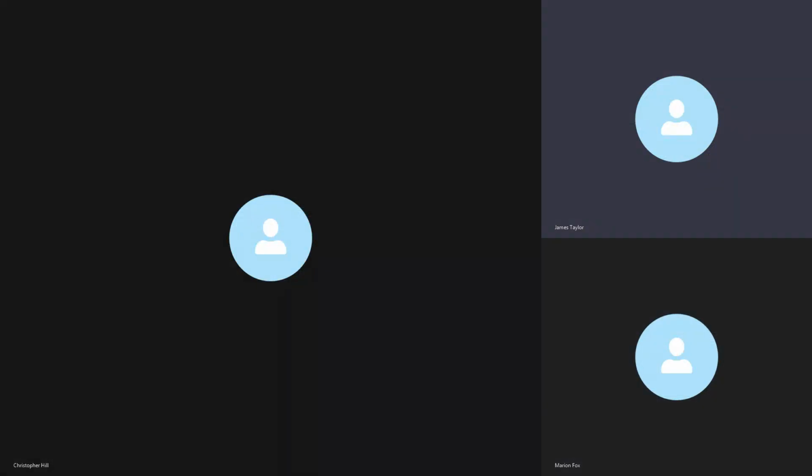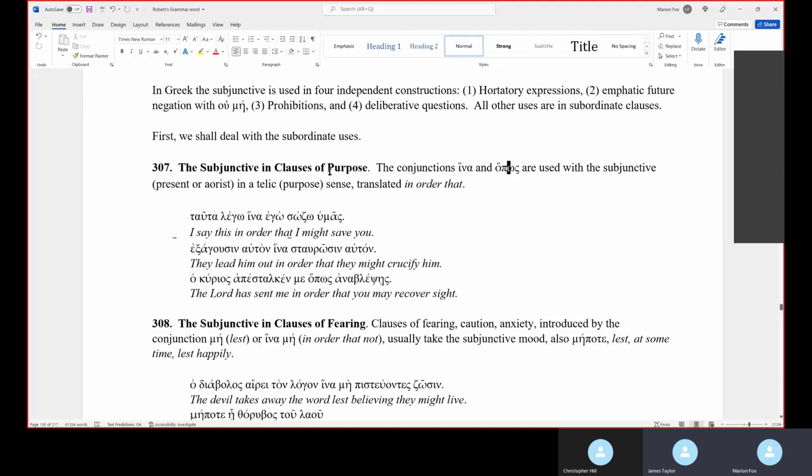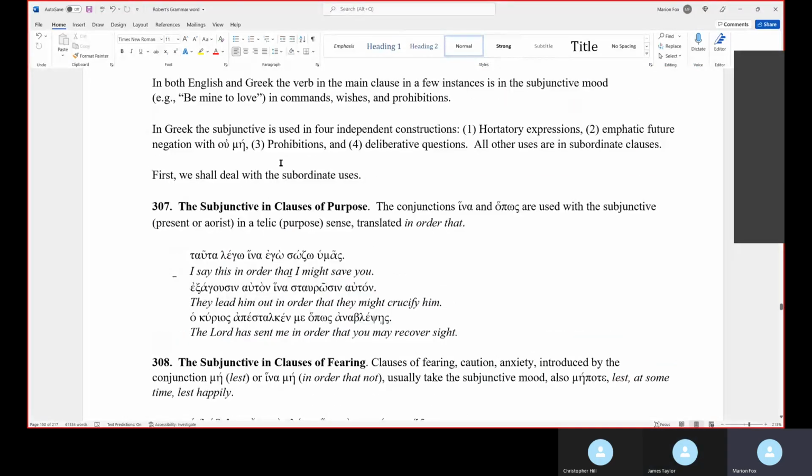All right. We're in section 307. I did point out for you in our manual and the material that I sent you that may is used as an emphatic negation.